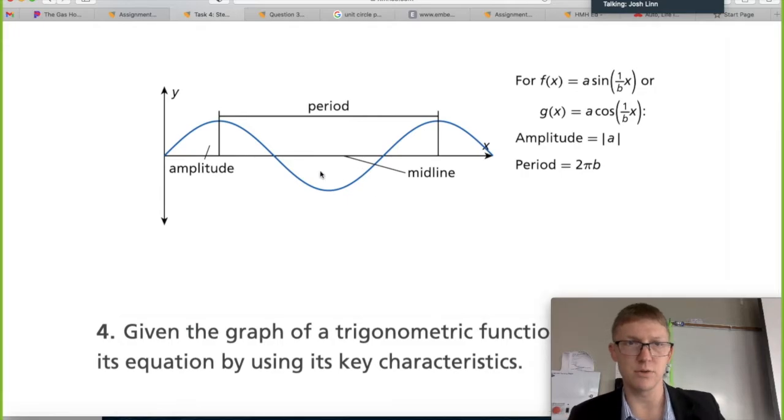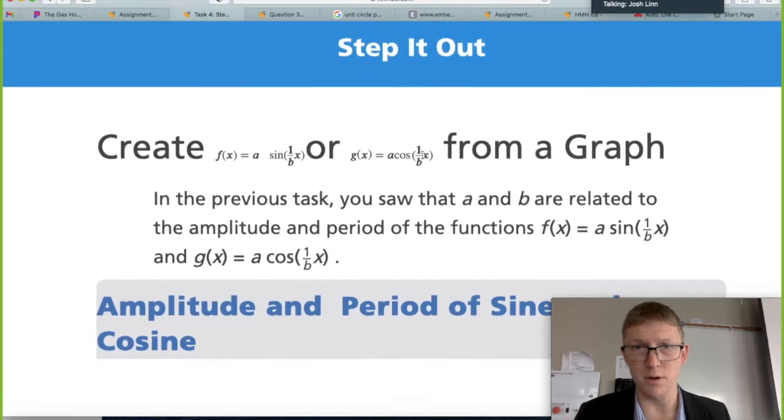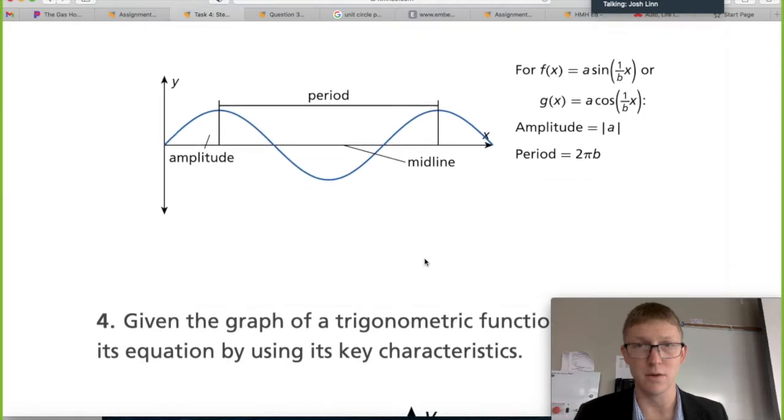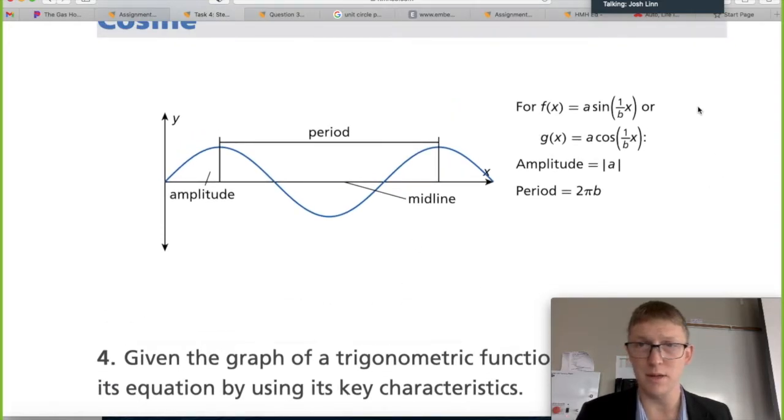We've got our midline, remember we've got our amplitude, and we've got our period. For both of these functions, our amplitude is the absolute value of a, and our period is 2 pi times b. And remember, it's 1/b. So keep that in mind. This is probably a pretty important half of this lesson right here.